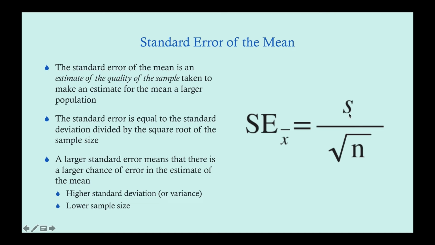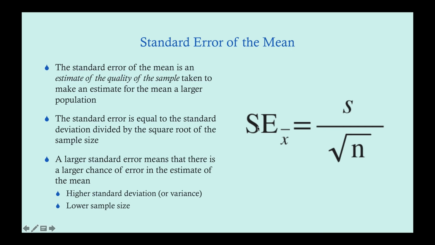So the number of measurements. So it's standard deviation divided by the square root of the sample size. And that will give you your standard error of the mean. And that tells you how good the quality of that sample is. And really, all it's telling you is that it's better to have a lower standard deviation, and it's better to have a higher sample size.